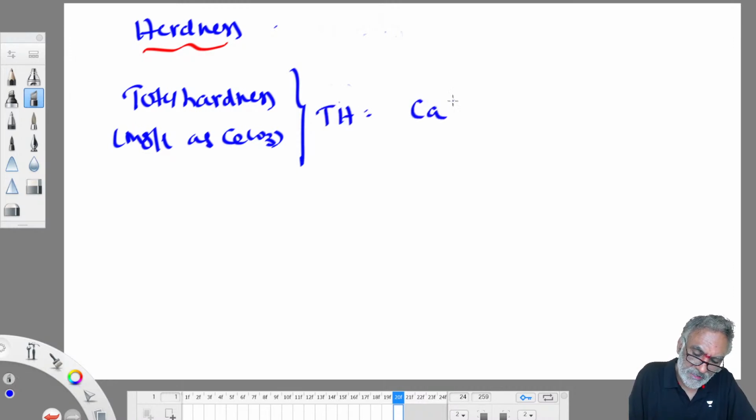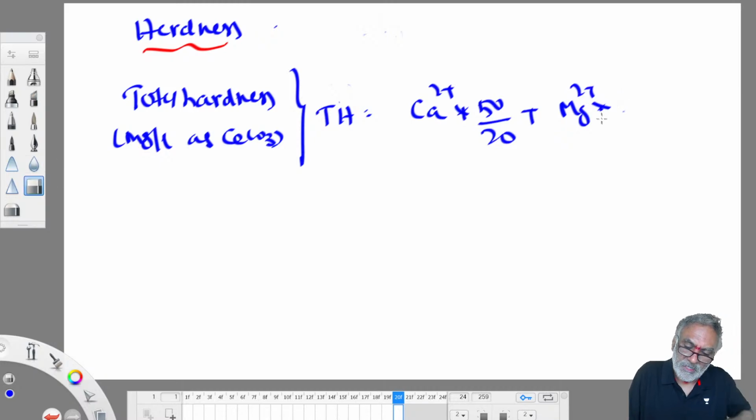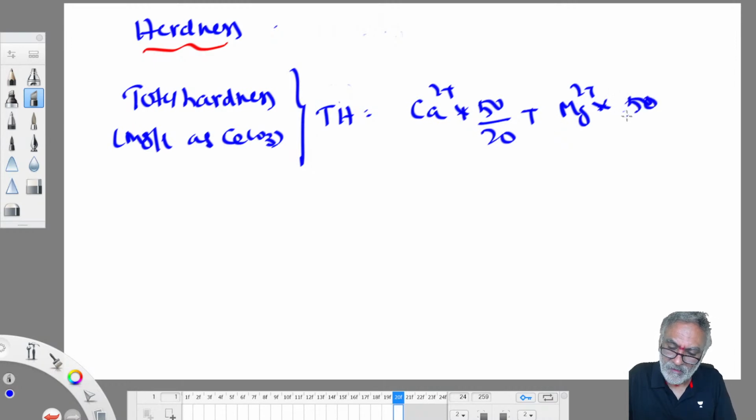So calcium concentration Ca2 plus into 50 by 20, magnesium 2 plus into 50 by 12.2, 12. Magnesium molecular weight, how much is it?